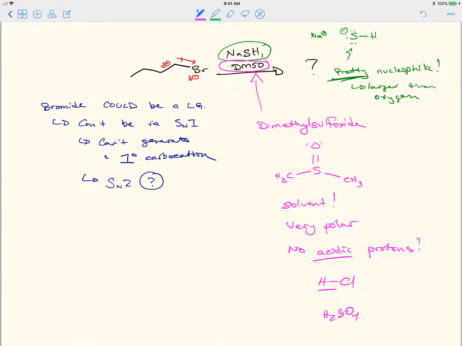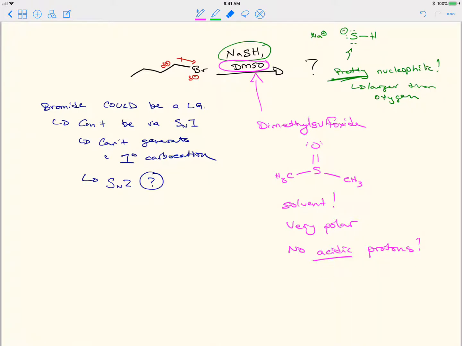Protic solvents are solvents that have an abstractable proton. An abstractable proton is, in some way, what you would call acidic. Not necessarily that the pKa of the proton has to be in the negatives or anything like that. It just means that given possible conditions, it is abstractable. So this is a solvent. It's very polar, with no acidic protons.